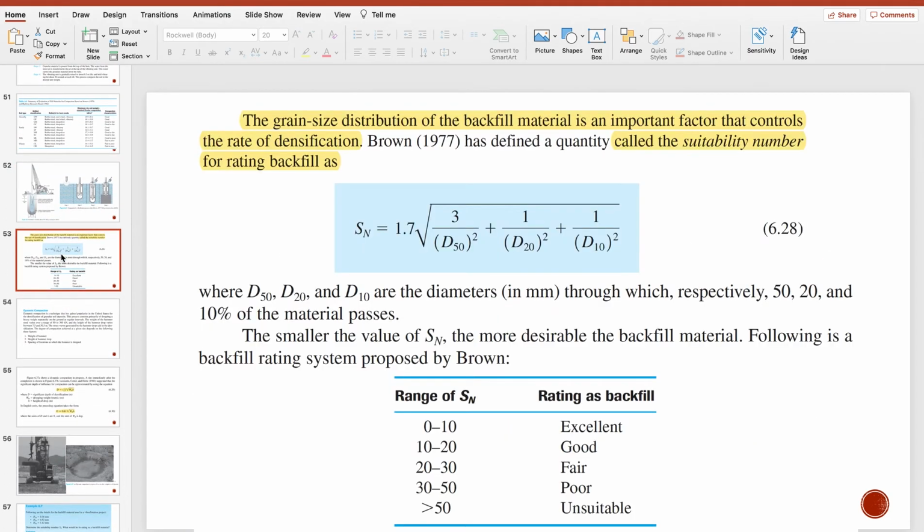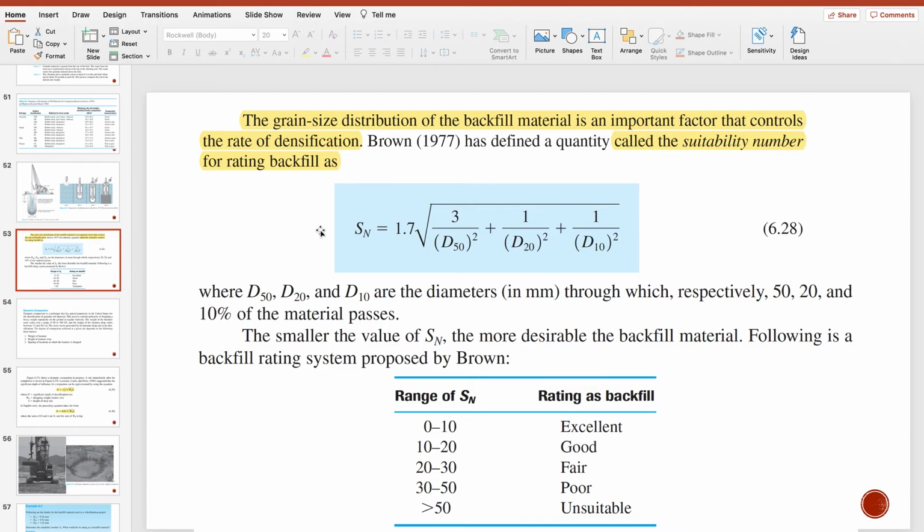So the grain size distribution of the backfill material is an important factor that controls the rate of densification. It was defined by Brown, and it was called the suitability number for rating backfill.